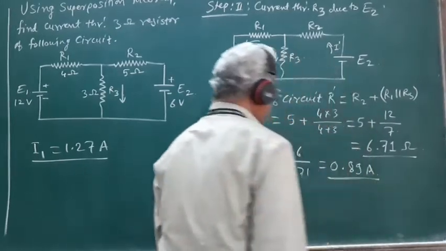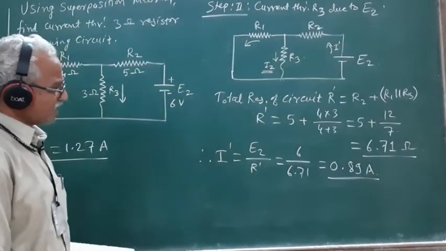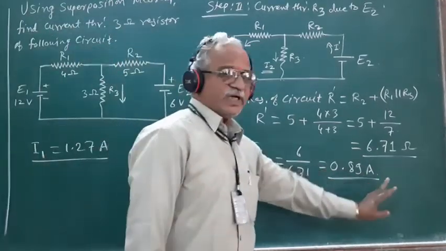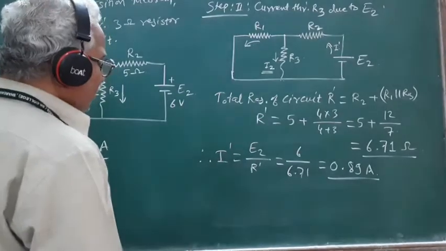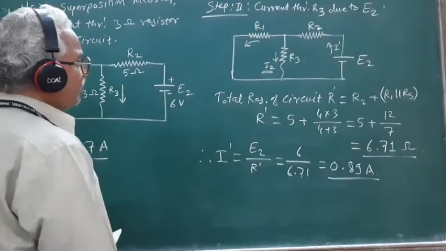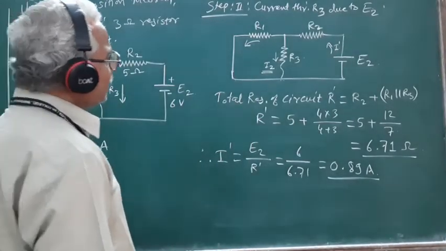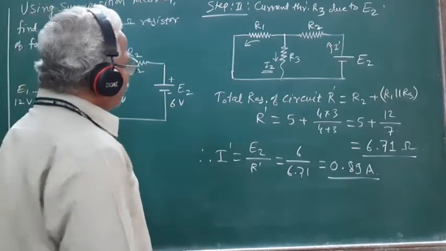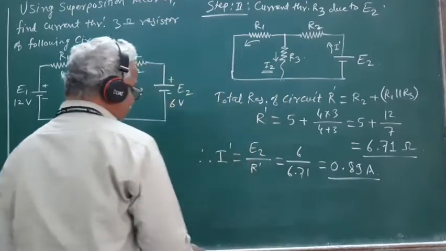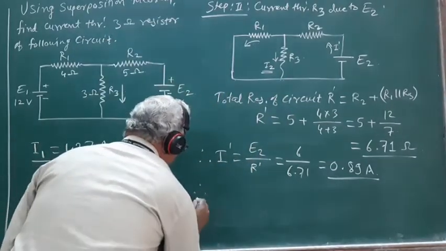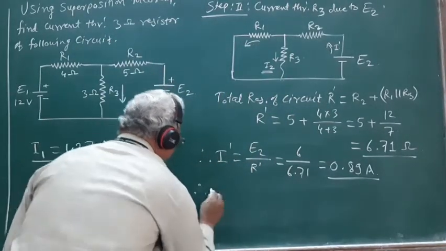The current sent by the source E2 in the circuit works out to be equal to 0.89 ampere. Now, if this is the total current I prime sent by the source E2 in the circuit, how much fraction flows through this resistance R3 is obtained by using again the current division formula.